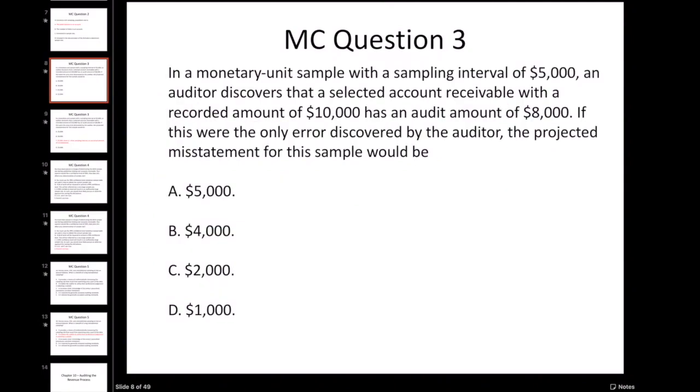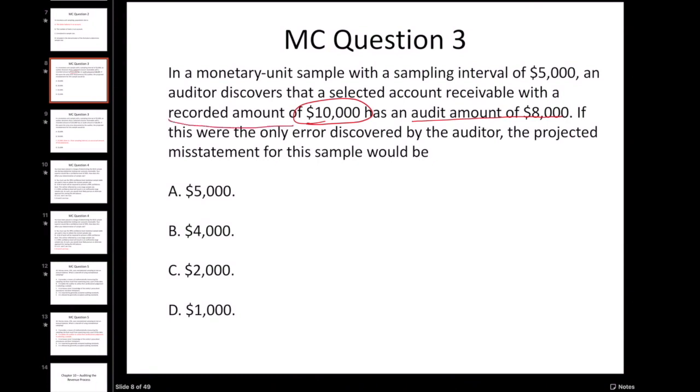In a monetary unit sample with a sampling interval of 5K, an auditor discovers that a selected accounts receivable with a recorded amount of 10K has an audit amount of 8K.